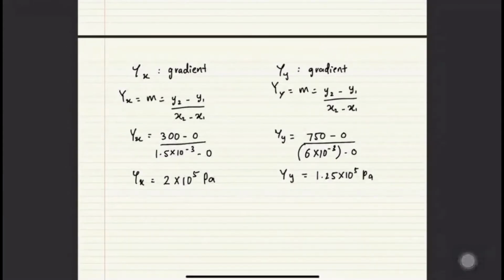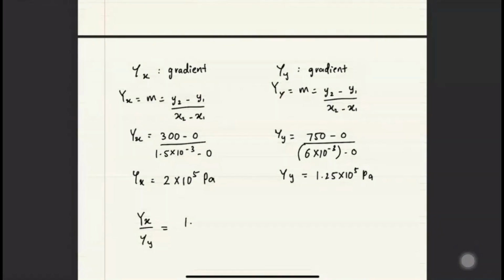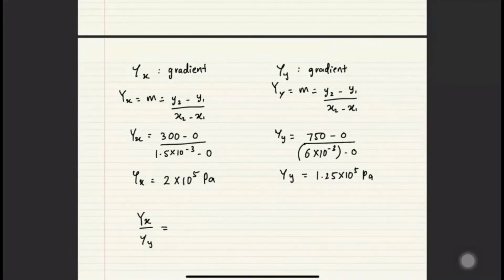Okay, so if the question want to find the ratio, the ratio would be YX over YY. Tuliskan yang itu, and then kamu substitute lah. Jangan terbalik. 2 times 10 to the power of 5 divided by 1.25 times 10 to the power of 5.